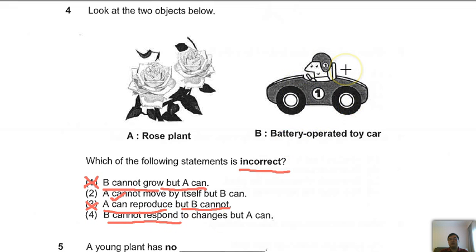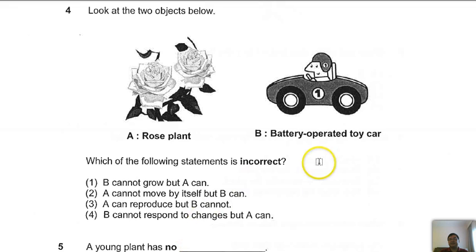It is true that B cannot respond to changes, but A can. So this is true. So we've been left with this incorrect statement, which is the choice. Number 2, the incorrect statement, is what we are looking for.